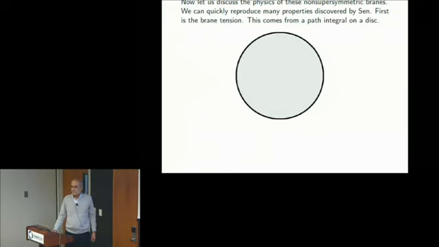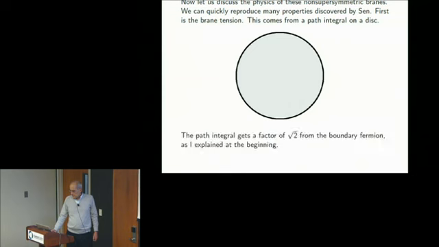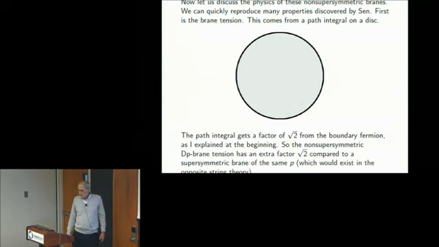But in the non-supersymmetric case, we have a boundary fermion. And as I told you at the beginning, its path integral is the square root of 2. So, as Sen discovered, the non-supersymmetric Dp brane tension is the square root of 2 times bigger than that of a supersymmetric brane of the same p that would exist in the opposite string theory. That's one of Sen's results. So, Sen had the square root of 2.